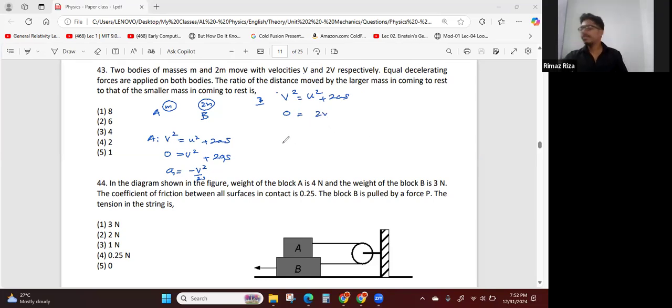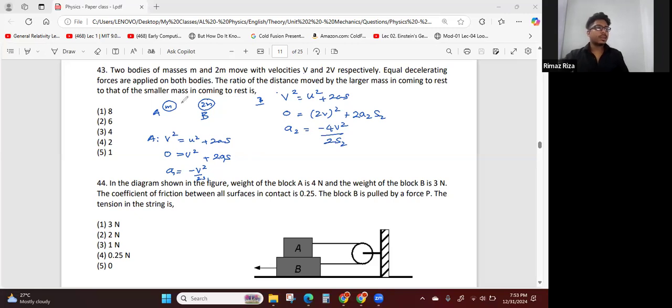So 0 equals 2v squared plus 2 into a2 into s2. Here we want to take the ratio between the distances, so s1 and s2. Here a2 will be equal to minus 4v squared over 2s2.